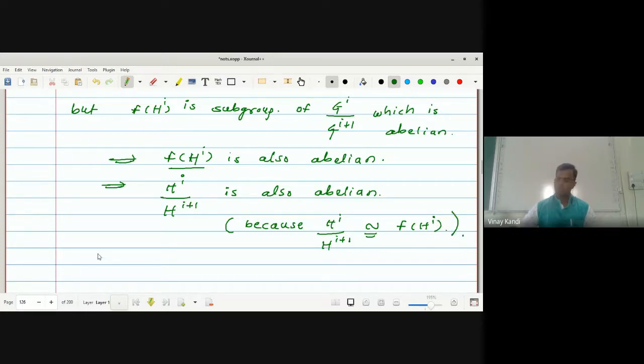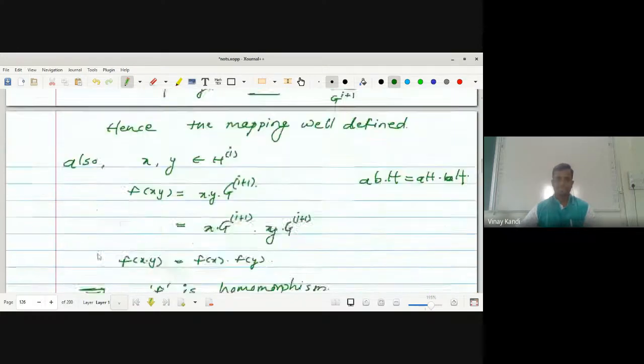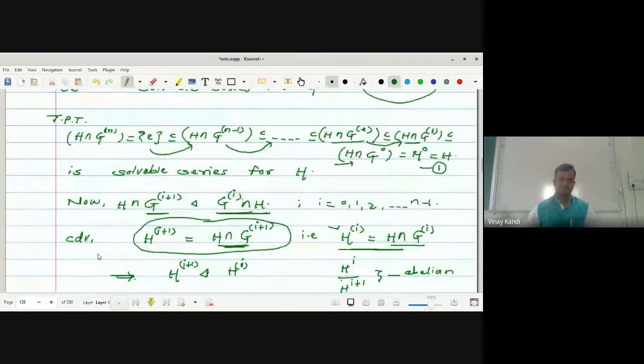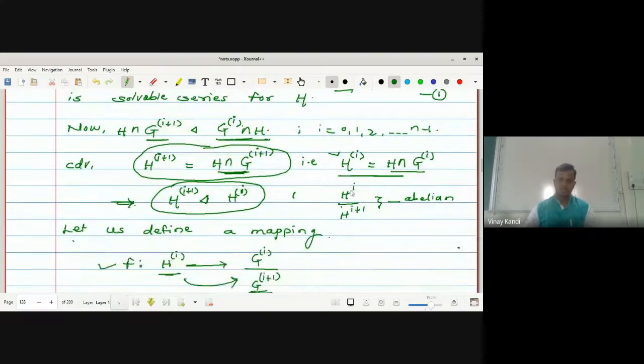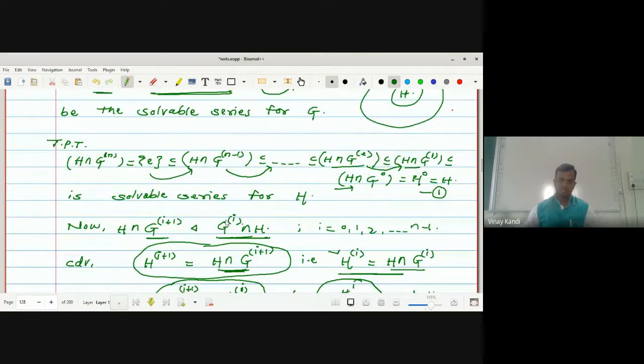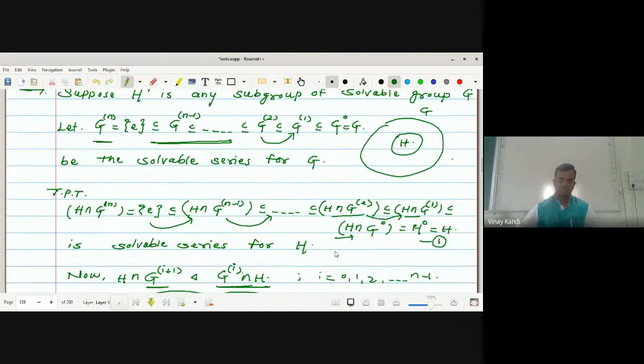Now look here. We get h raised to i plus 1 is normal in h raised to i, and this group is abelian. Hence, this one is Hi. That means this series not only contains subgroups, they are normal subgroups, with abelian factors.